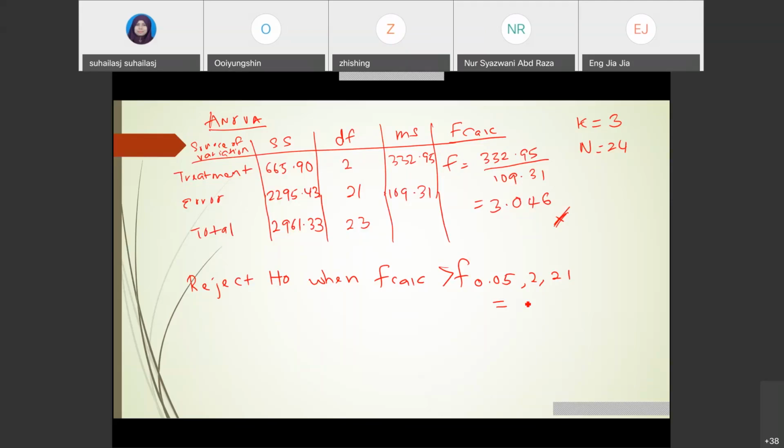What is the critical value for the F test? Okay, 3.49.